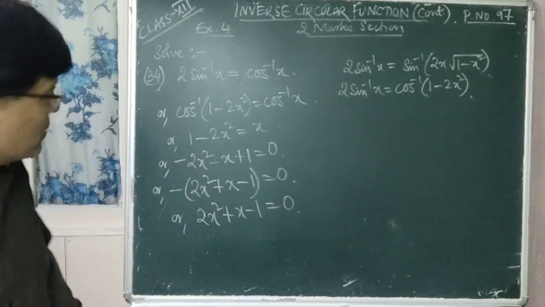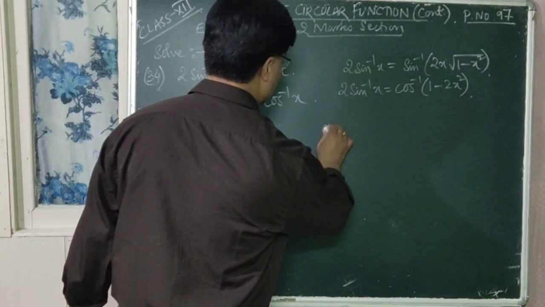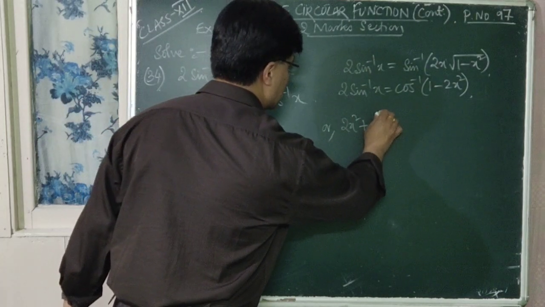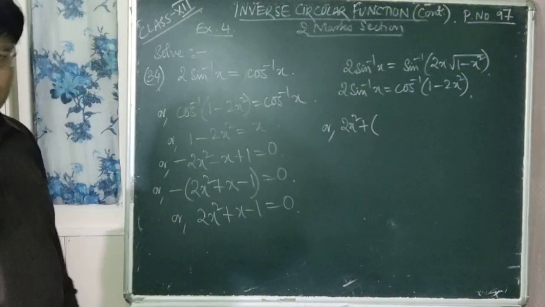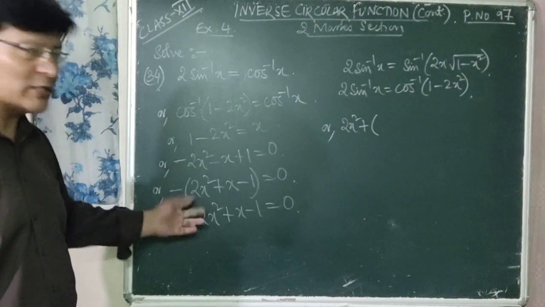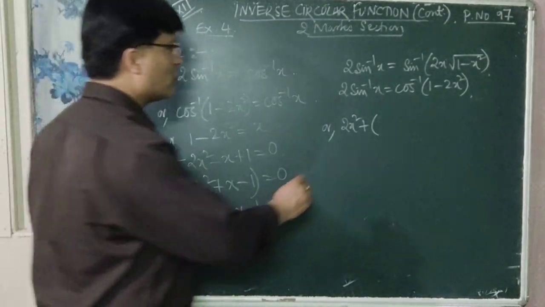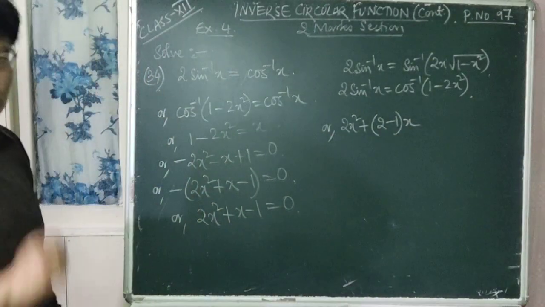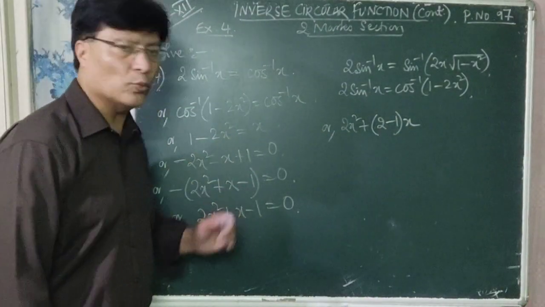Okay? So write down the middle term breaking method, or this is 2x squared plus, before x there is 1. That is, the coefficient of x is 1 here. So instead of 1, what will you write? 2 minus 1 into x, because 2 ones are 2 and 2 minus 1 is always 1.